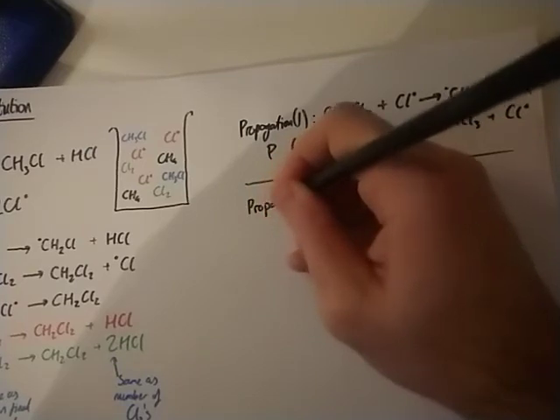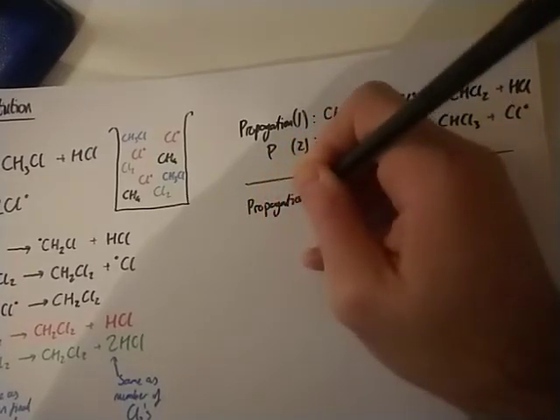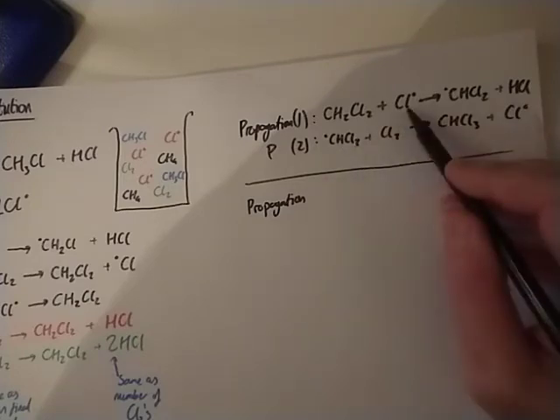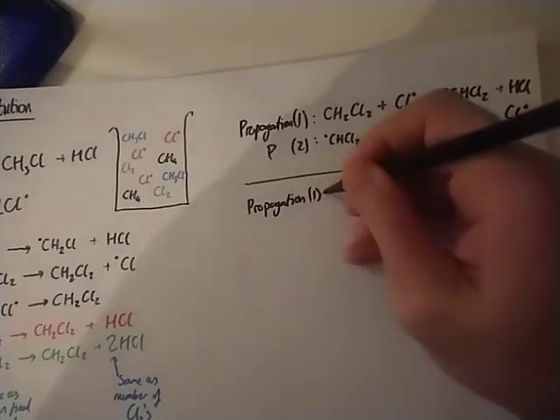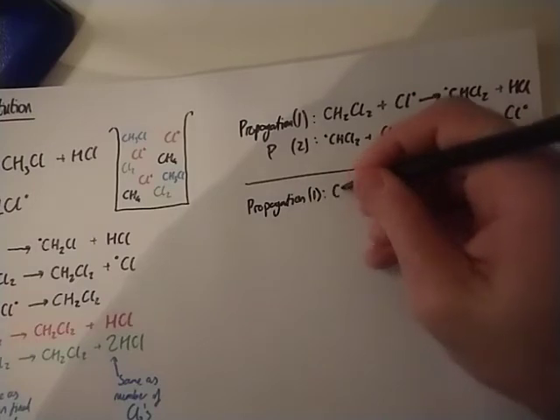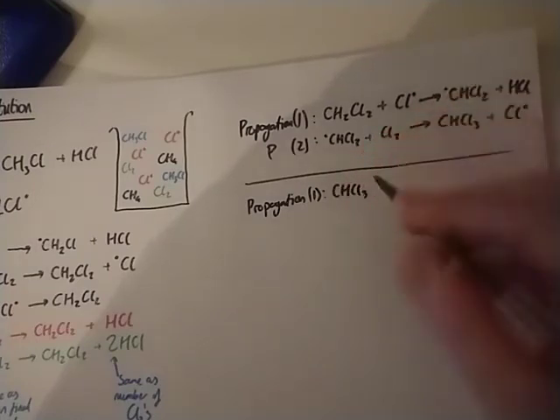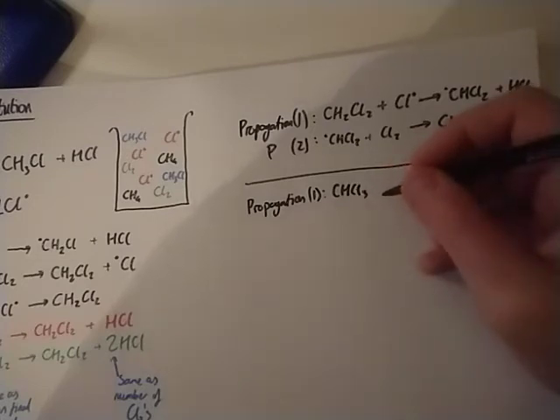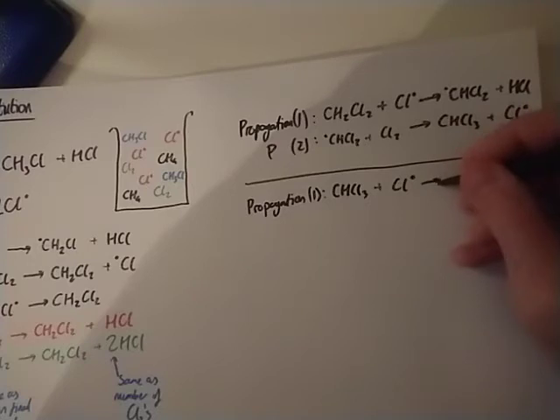But once you've got trichloromethane, and again the termination step there would just be the CHCl2 radical plus a Cl radical, there's nothing to stop us now reacting that CHCl3 molecule, trichloromethane, with another chloride radical.